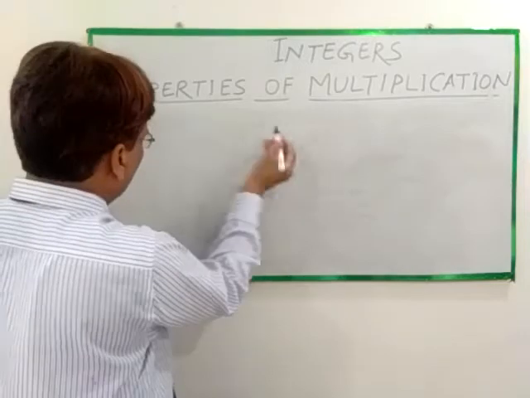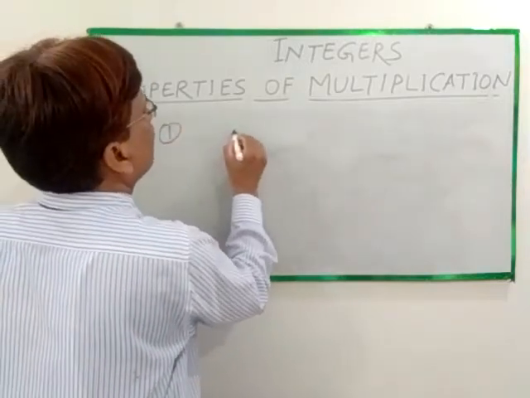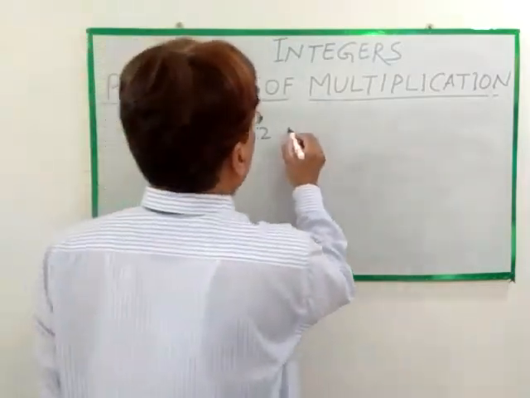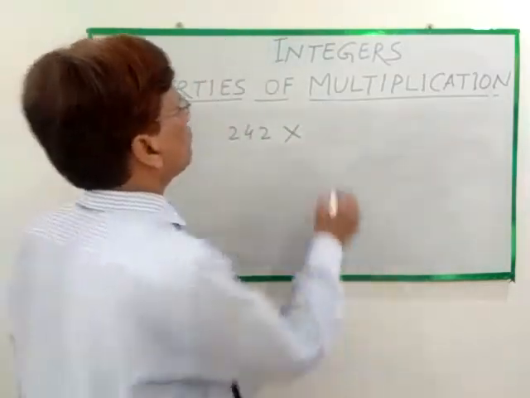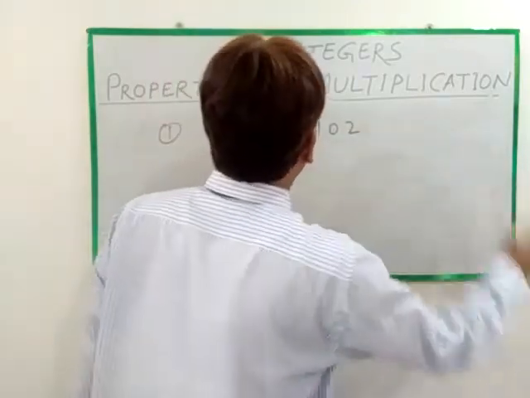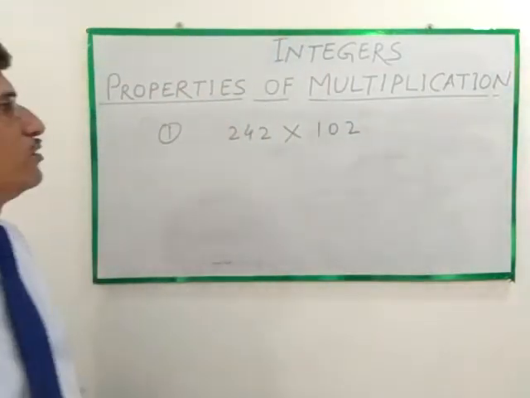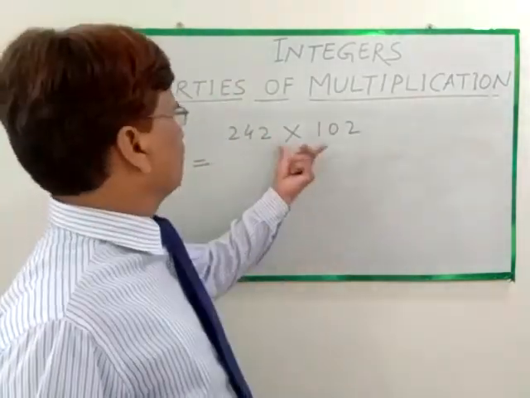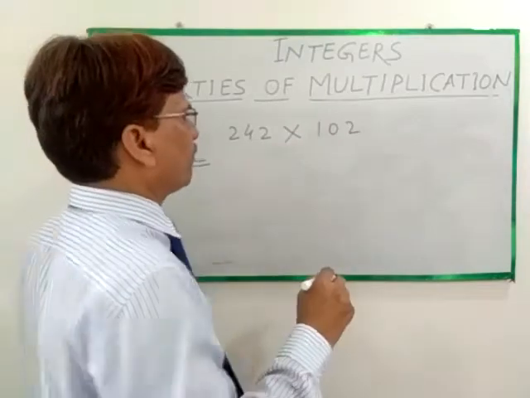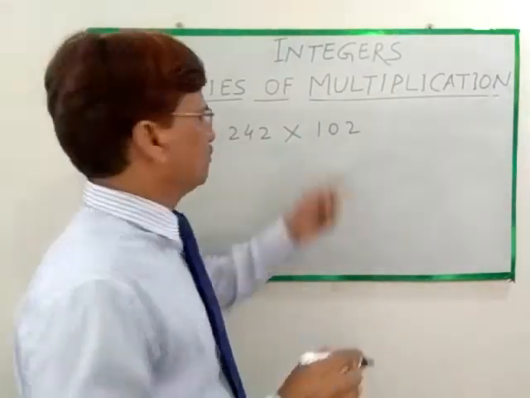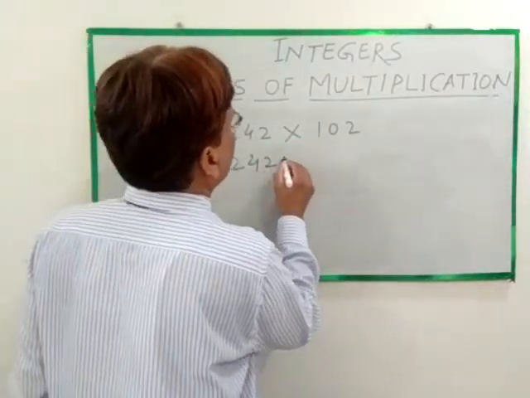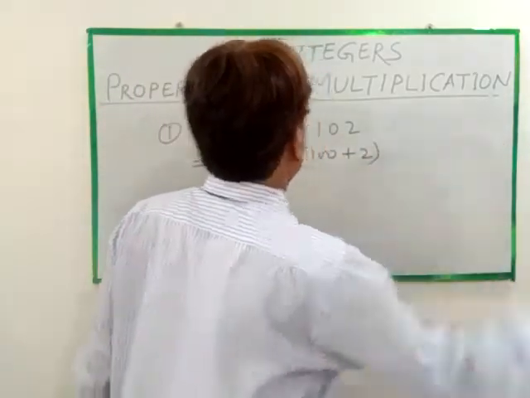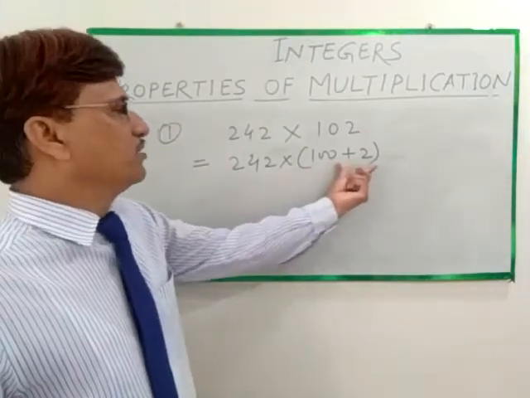If we want to multiply 242 into 102, it is not easy to multiply fast, so we split 102 into 100 plus 2.